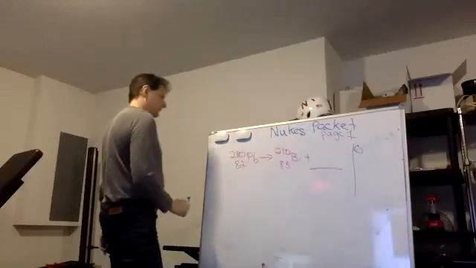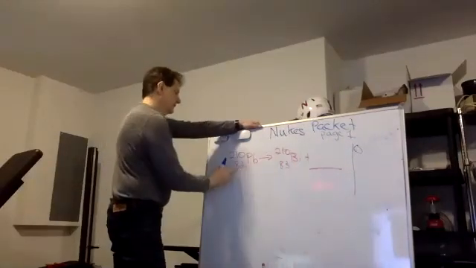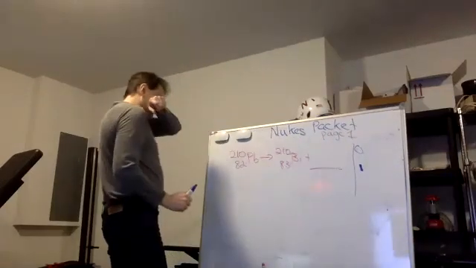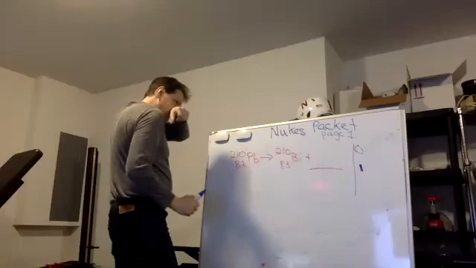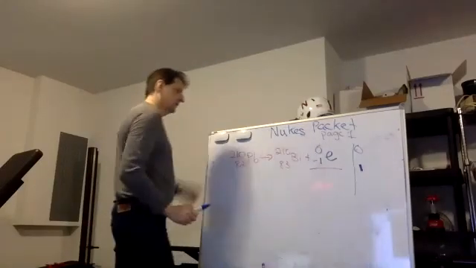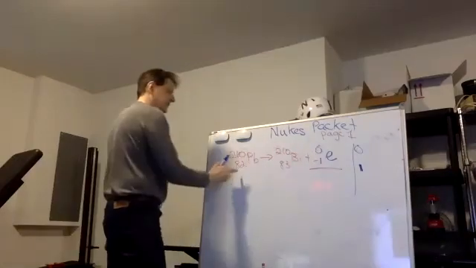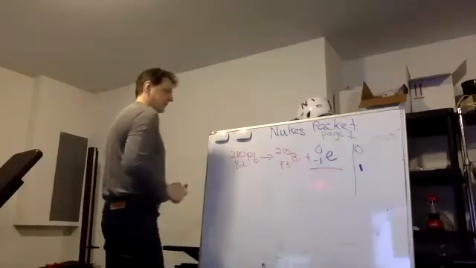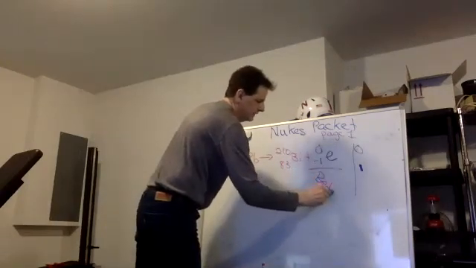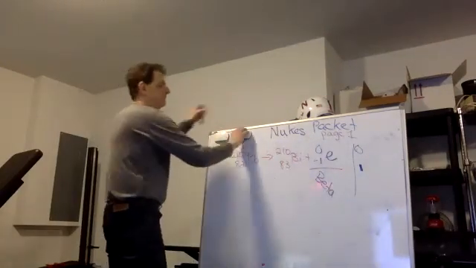For the bottom, I've got 83 minus 82 is 1, so it looks like I'm going to need 0, negative 1 e here. 83 minus 1 is 82, 210, 210. And this is going to be a beta. Okay.